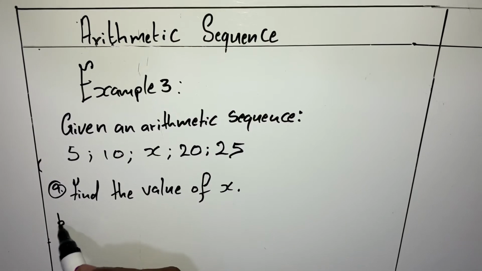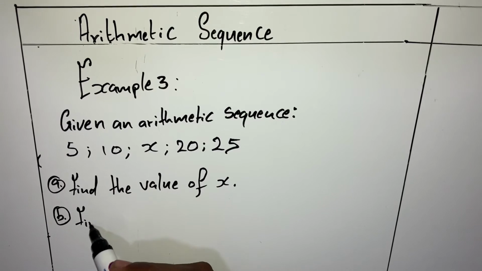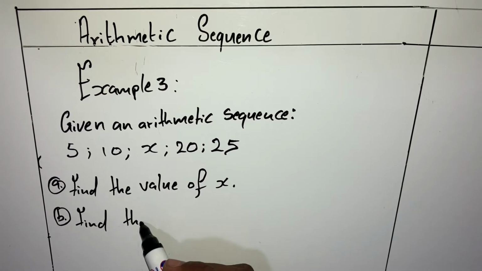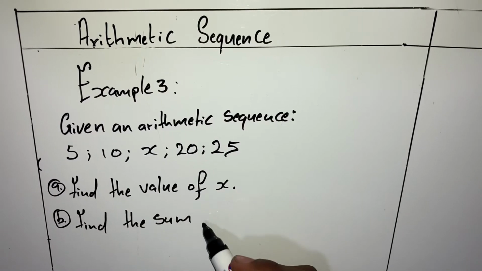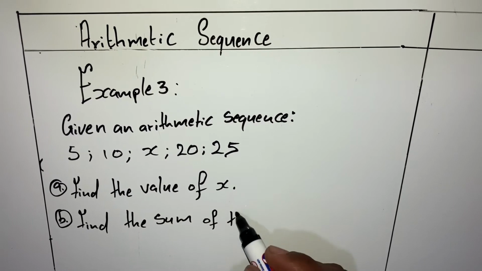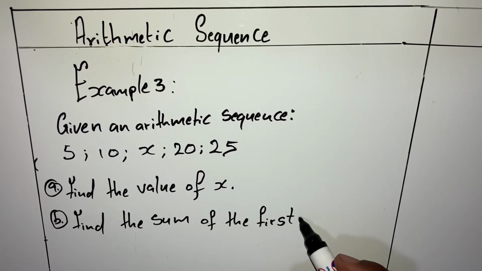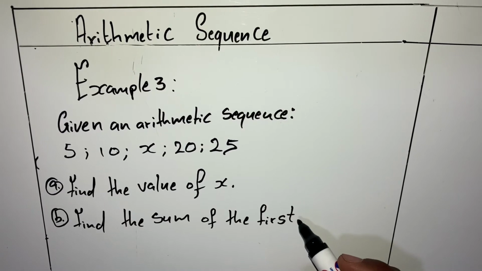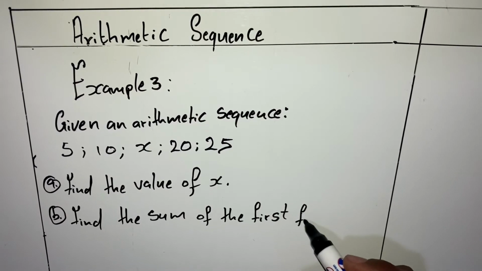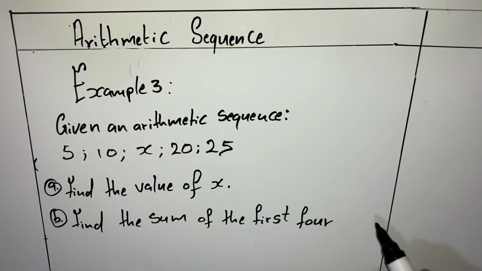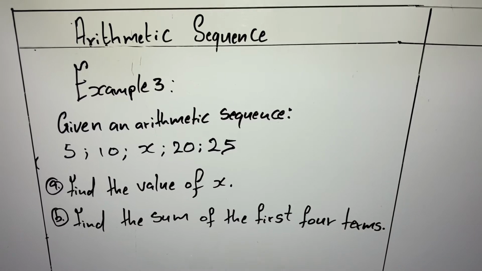For the second question, B, find the sum of the first 4 terms.